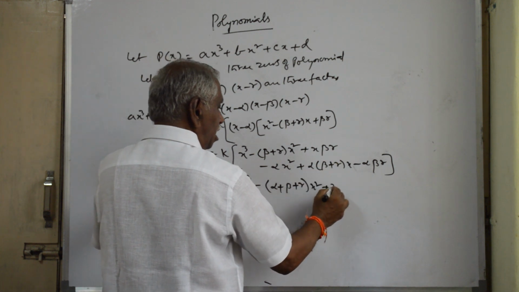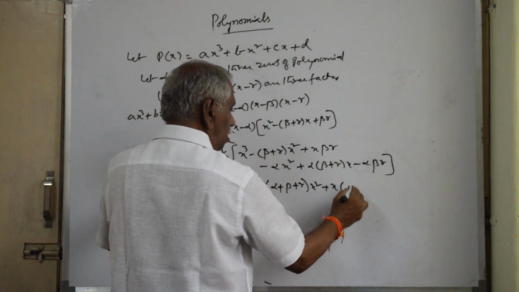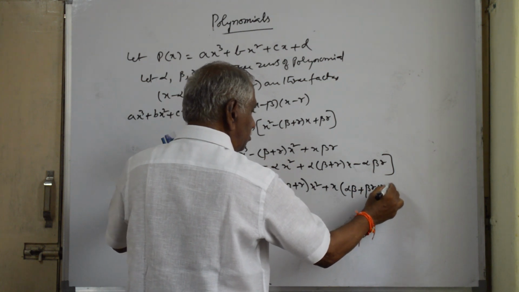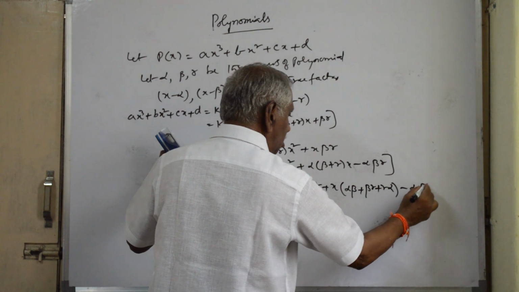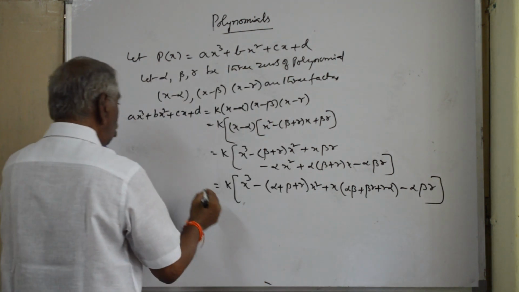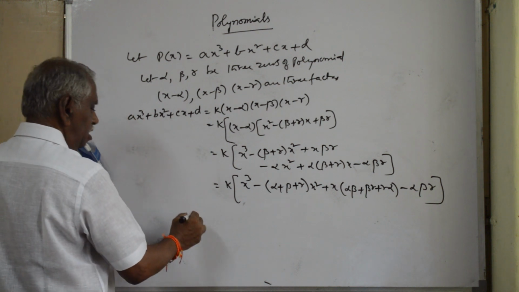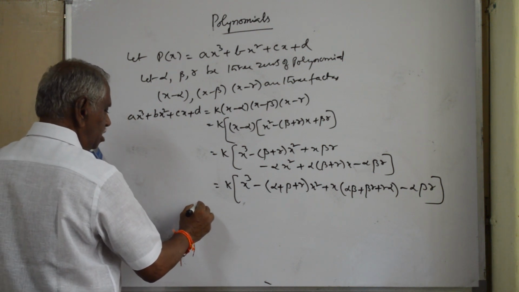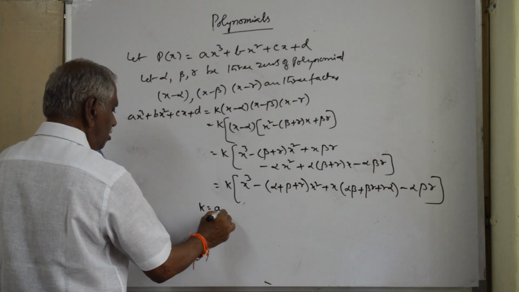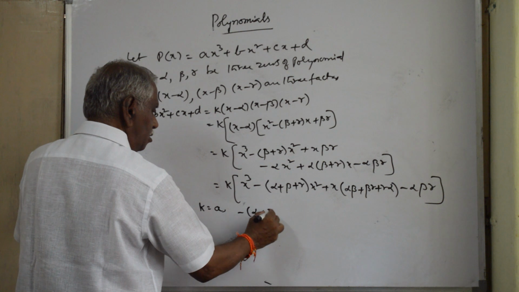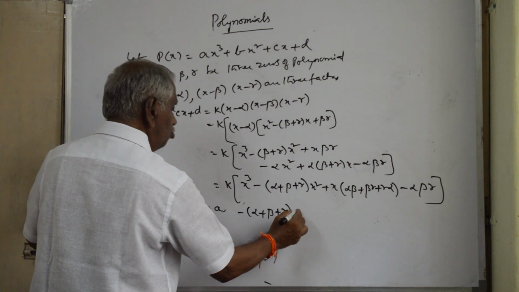You can say x is common, alpha beta plus beta gamma plus gamma alpha, minus alpha beta gamma. So taking the coefficients into consideration, equating the coefficients, we can say k is equal to a and minus of alpha plus beta plus gamma is equal to b.